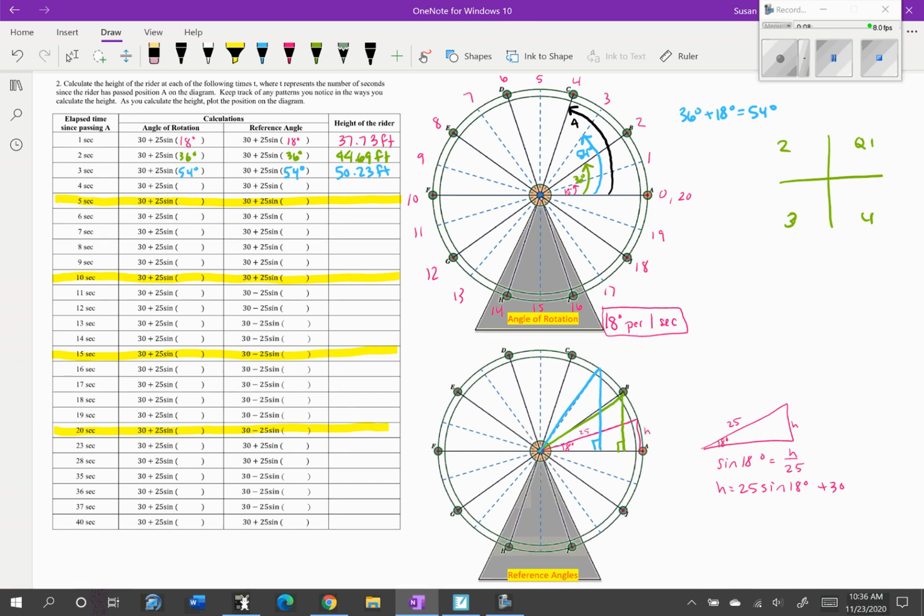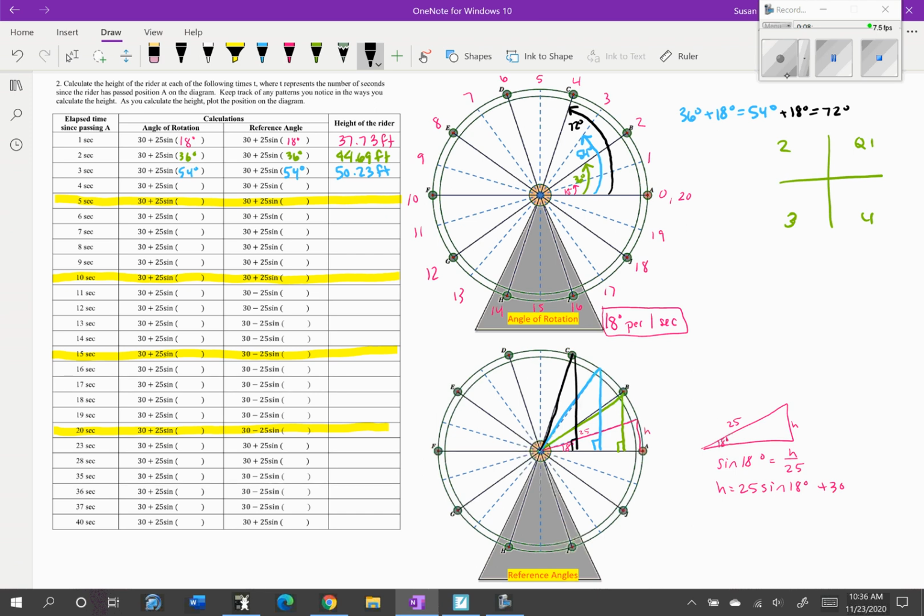And now if we do the next one, that would be 4 seconds from here to here. So if we add another 18 degrees to 54, we get 72 degrees. So that would be, again, this triangle right here.